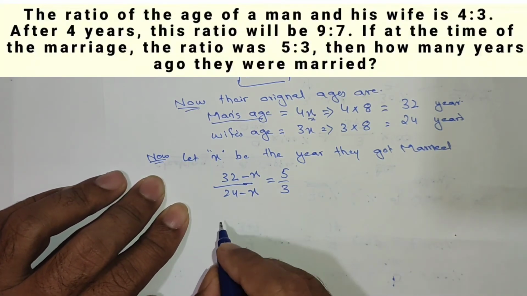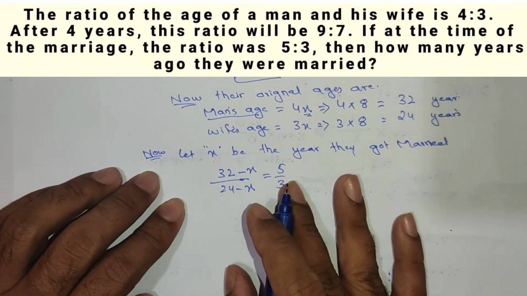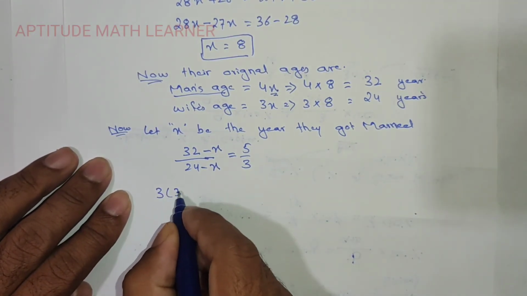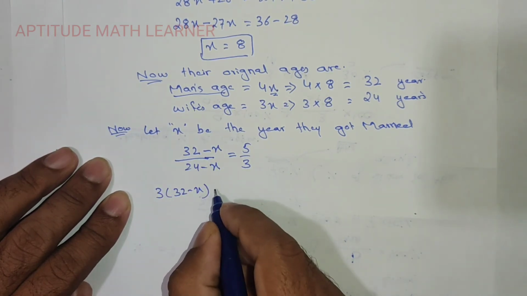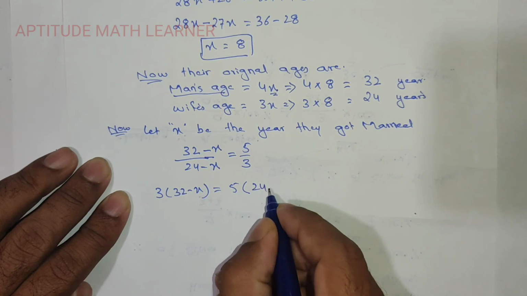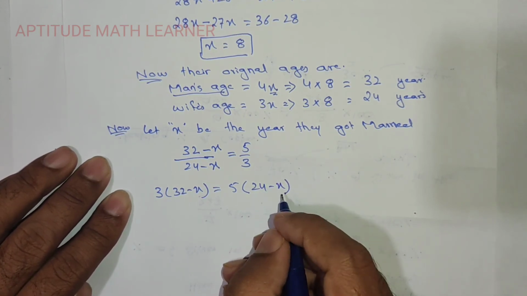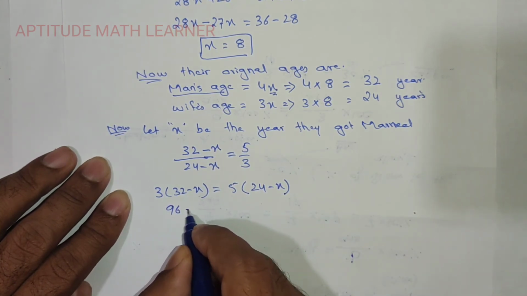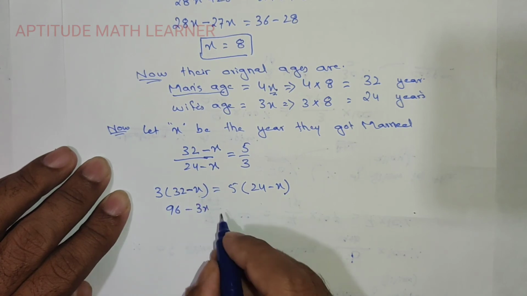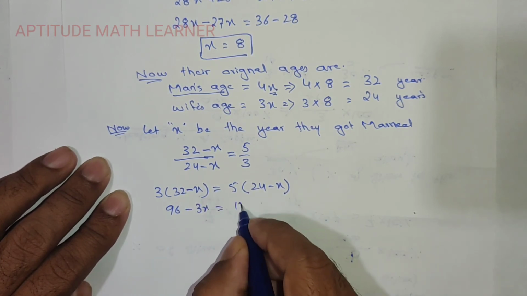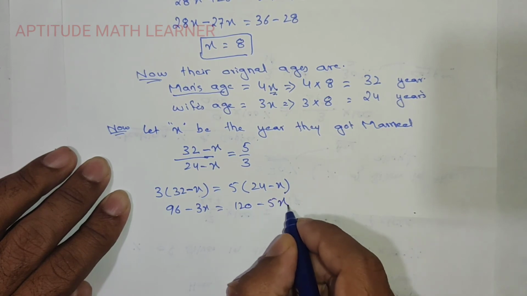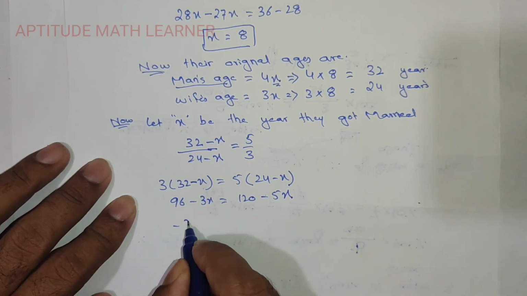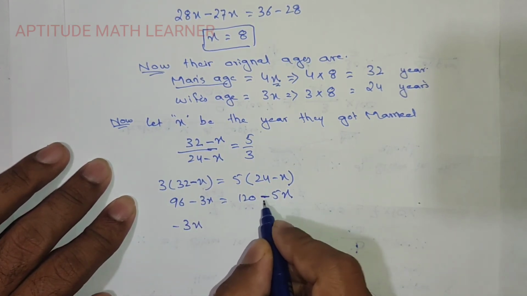Now to solve it, we cross multiply again and we get 3 into 32 minus x is equal to 5 into 24 minus x, which gives 96 minus 3x is equal to 120 minus 5x. So hope till here you have understood it. It is minus 3x and here we have minus 5x.